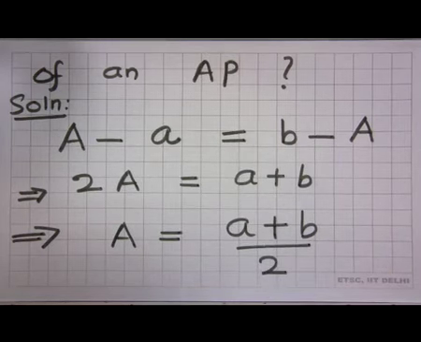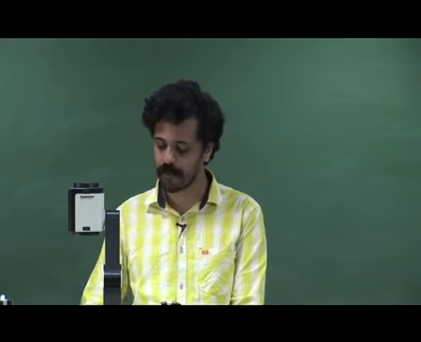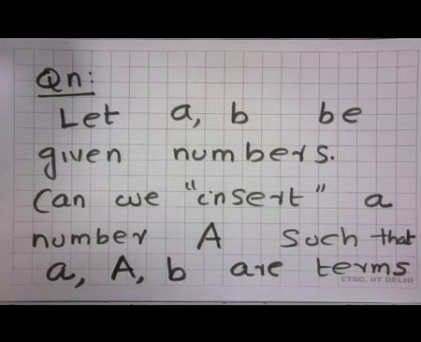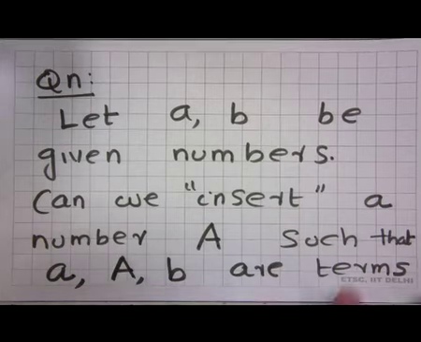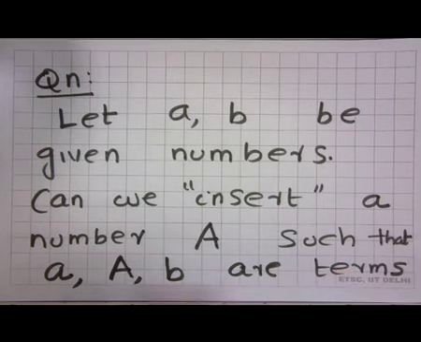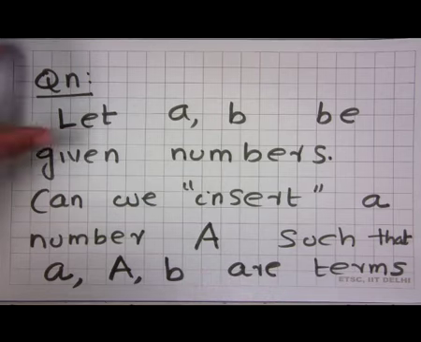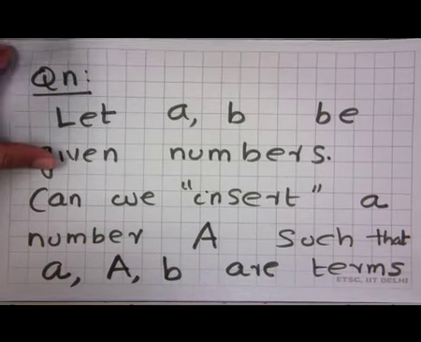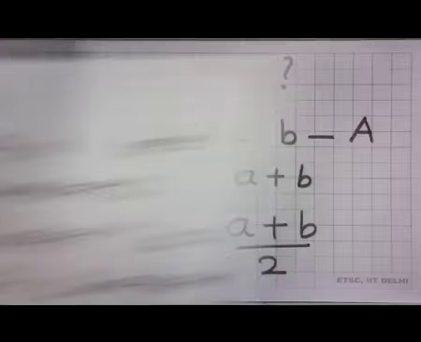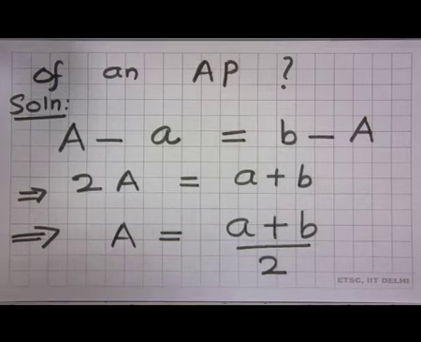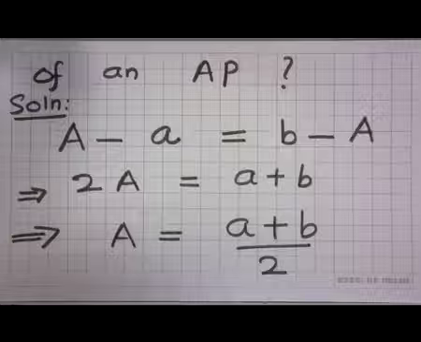Thus, given two real numbers small a and small b, it is always possible to get a number capital A such that a, capital A and b are terms of an arithmetic progression, and capital A is given by (a plus b) by 2.